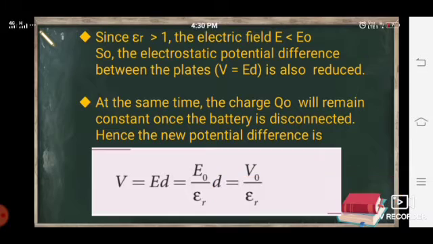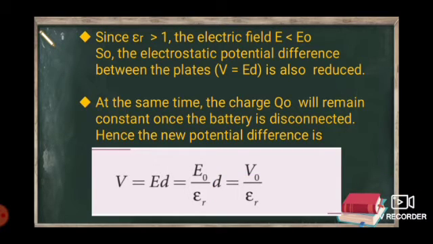At the same time, the charge Q0 remains constant. While the battery was connected, it continuously distributed charges to the plates. Now the battery is disconnected, so the charge stored on the plates is constant.